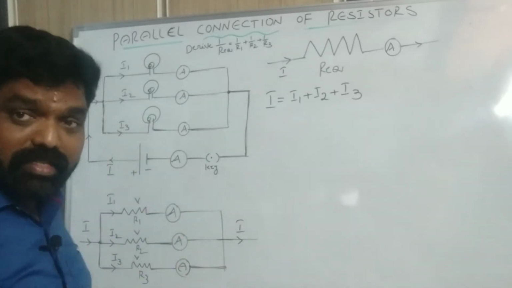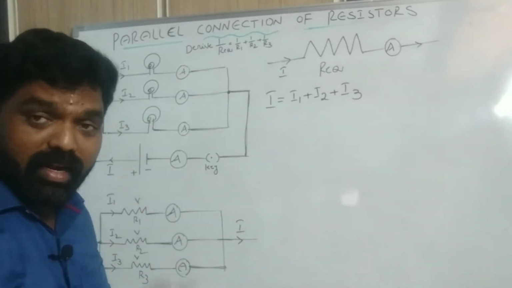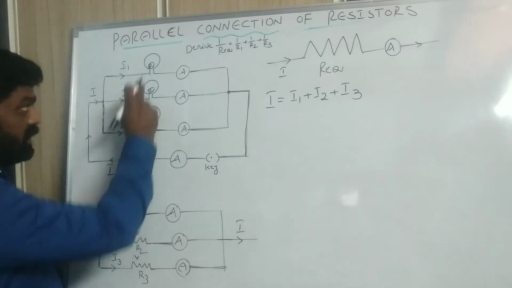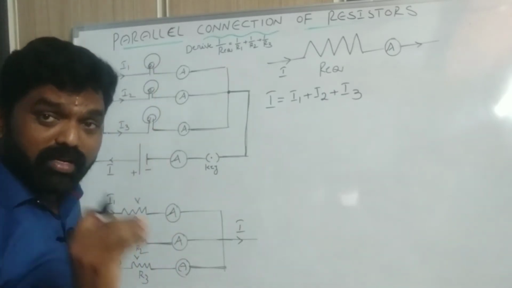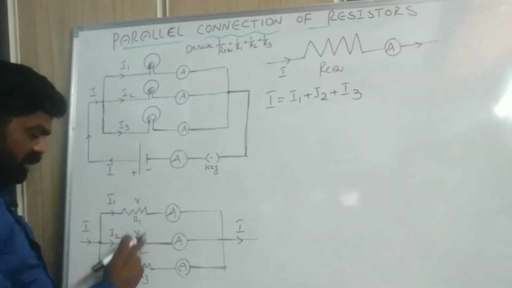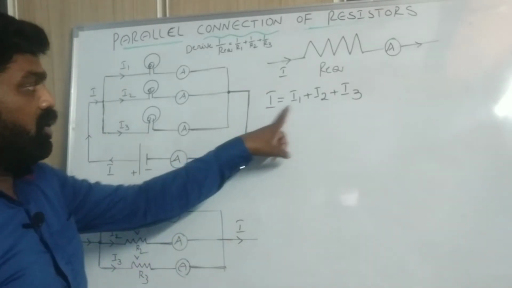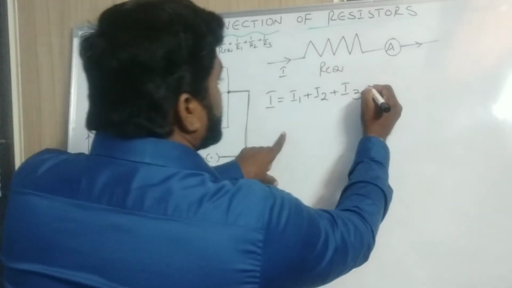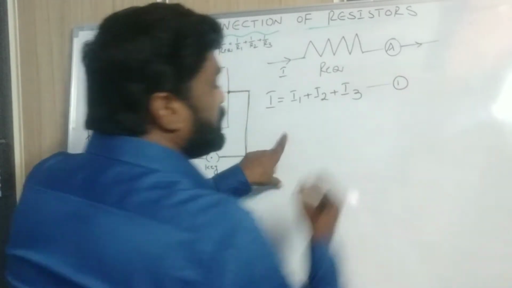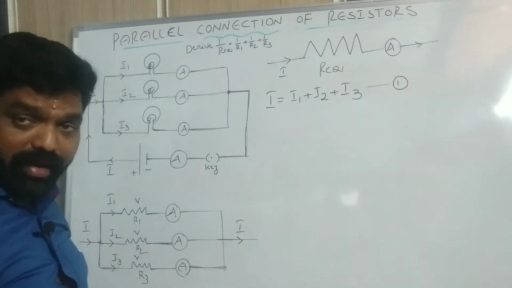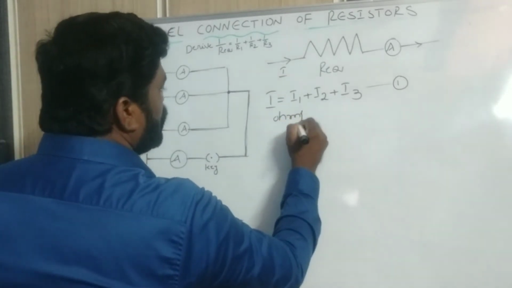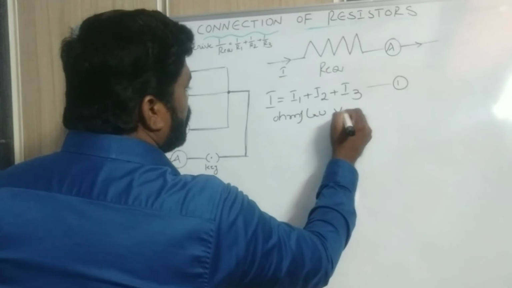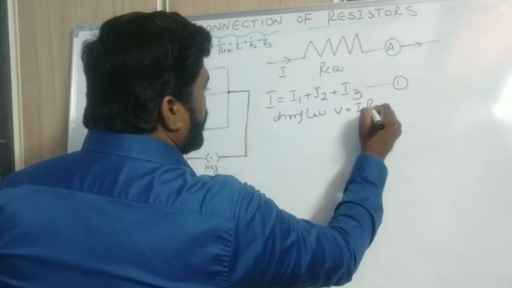When resistors are connected in parallel, the currents in all these resistors are different, but the voltage is the same, right? You know, I equals I1 plus I2 plus I3. Consider this equation number 1. From Ohm's law, V equals IR.